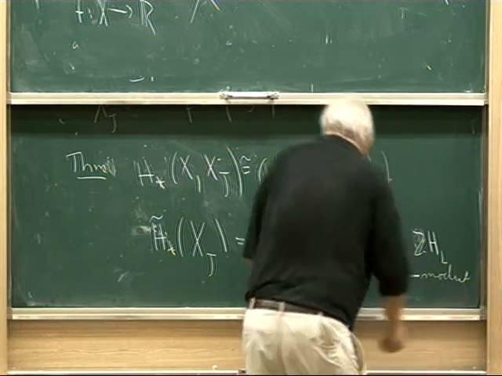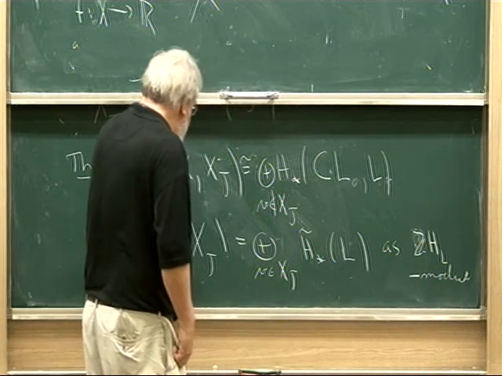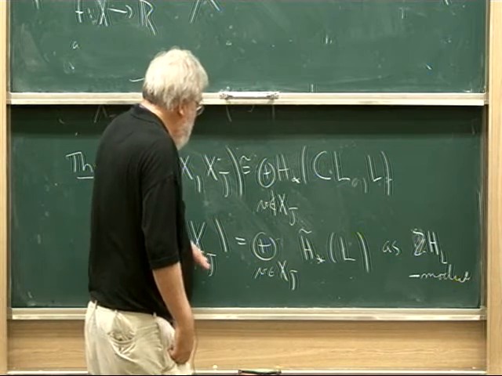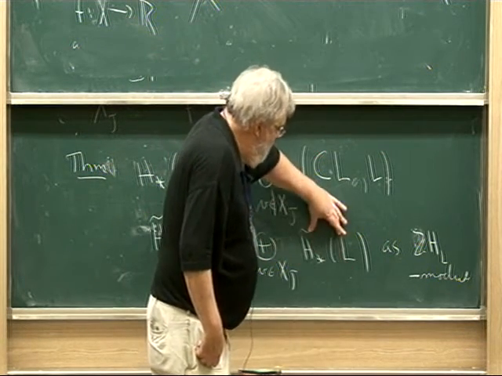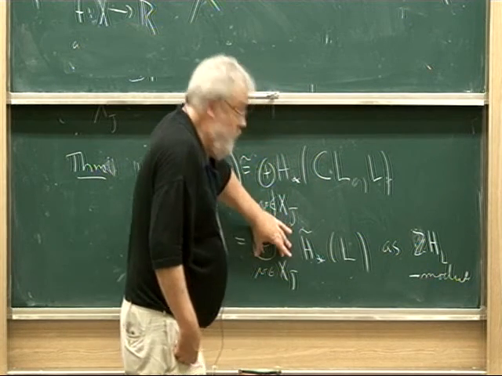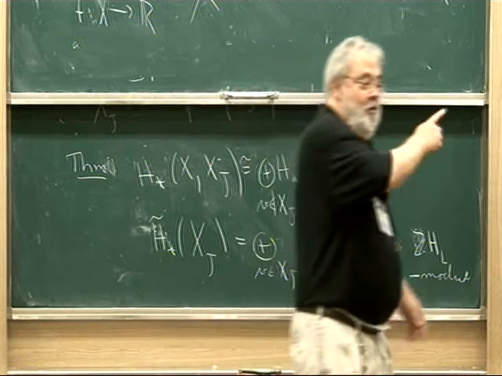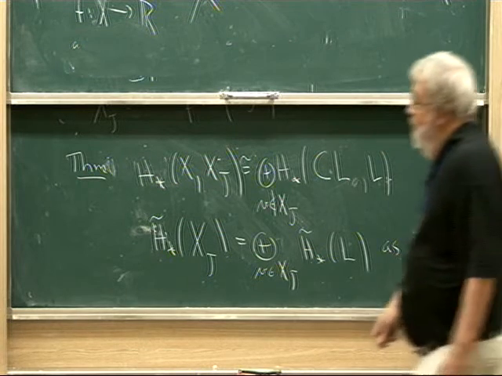What that means is that HL acts on this thing. We're thinking of it as acting trivially on these copies of the homology of the link, but it permutes the vertices. It permutes the vertices in the horizontal direction. Okay. So the vertices get changed.